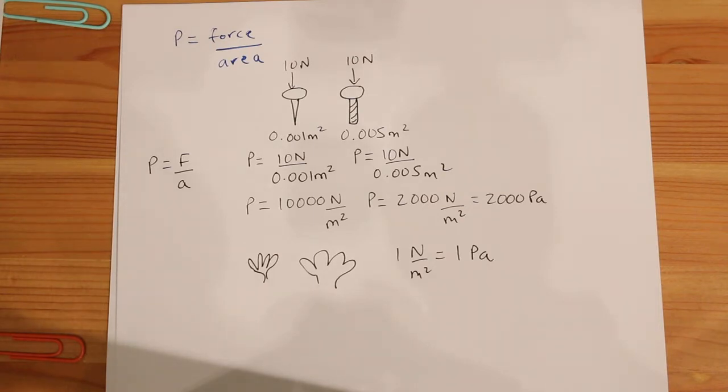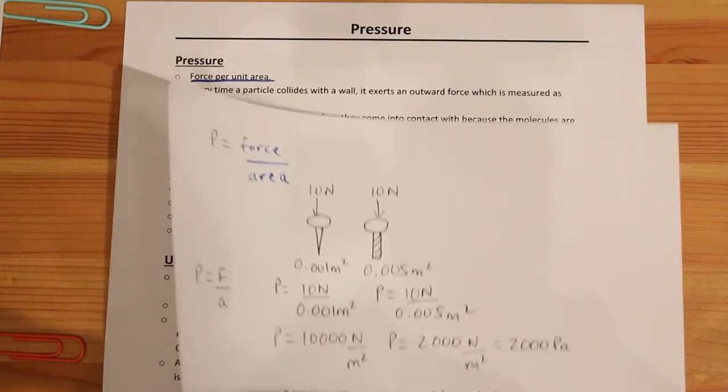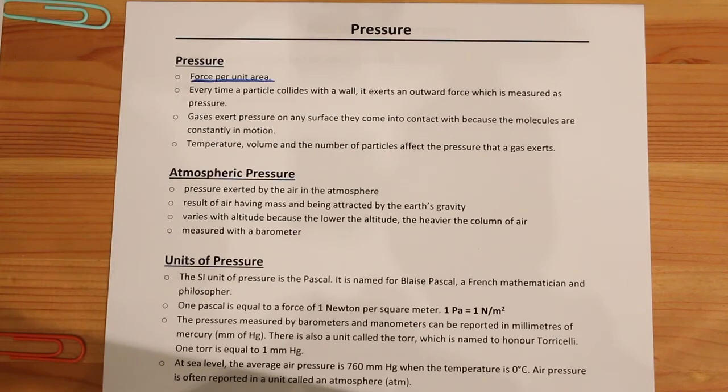Okay, so now what we're going to do is look at pressure again, more from the perspective of gases. When we think about pressure in terms of gases, we're talking about the particles colliding with the walls of the container, and those collisions lead to a force being exerted on the walls of the container.